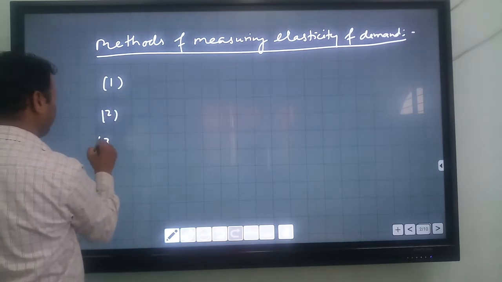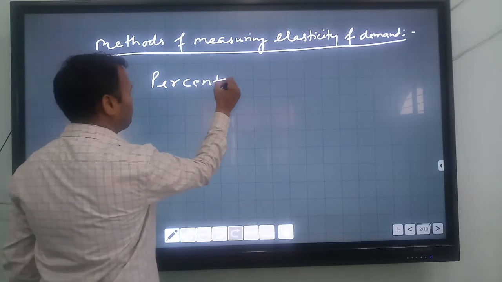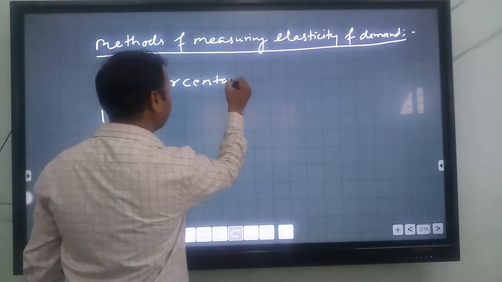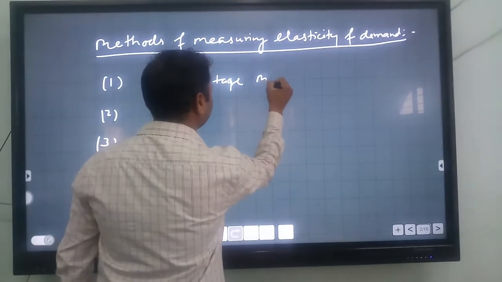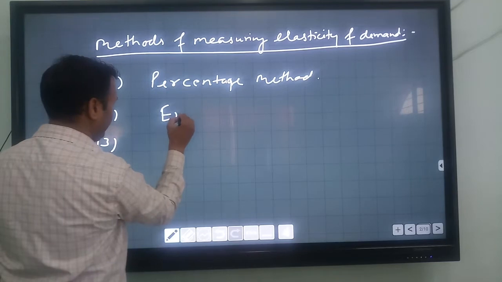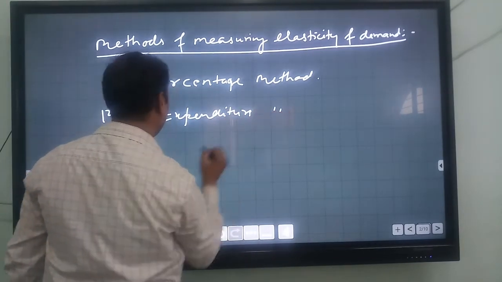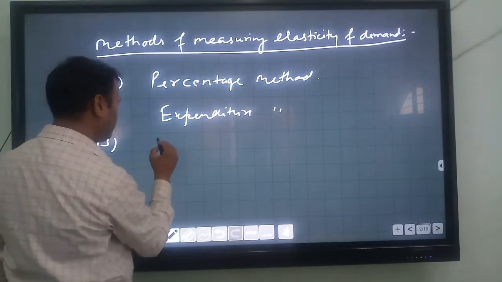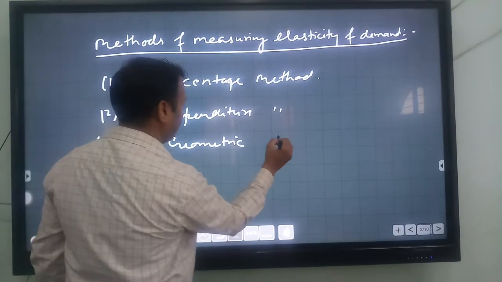The first one is the percentage method. The second one is the expenditure method. And the third one is the geometric method.